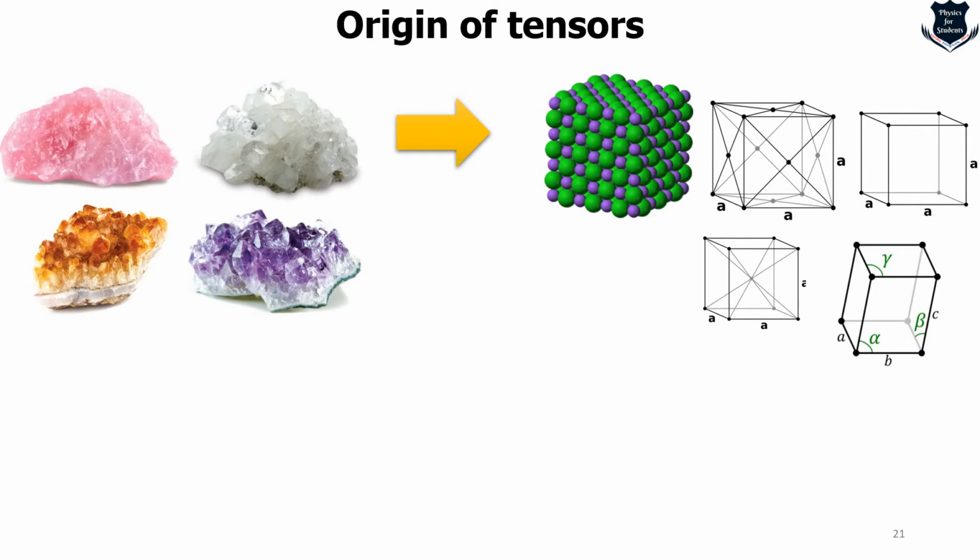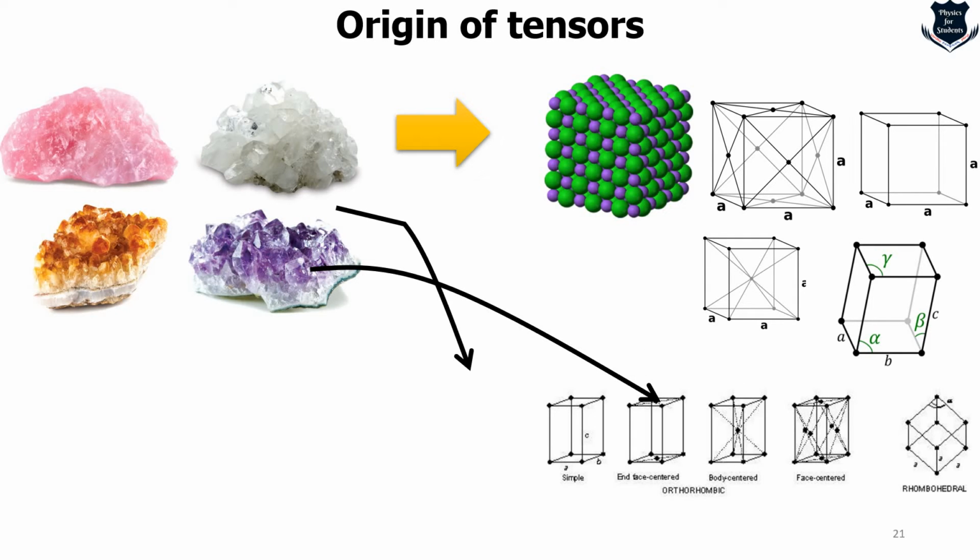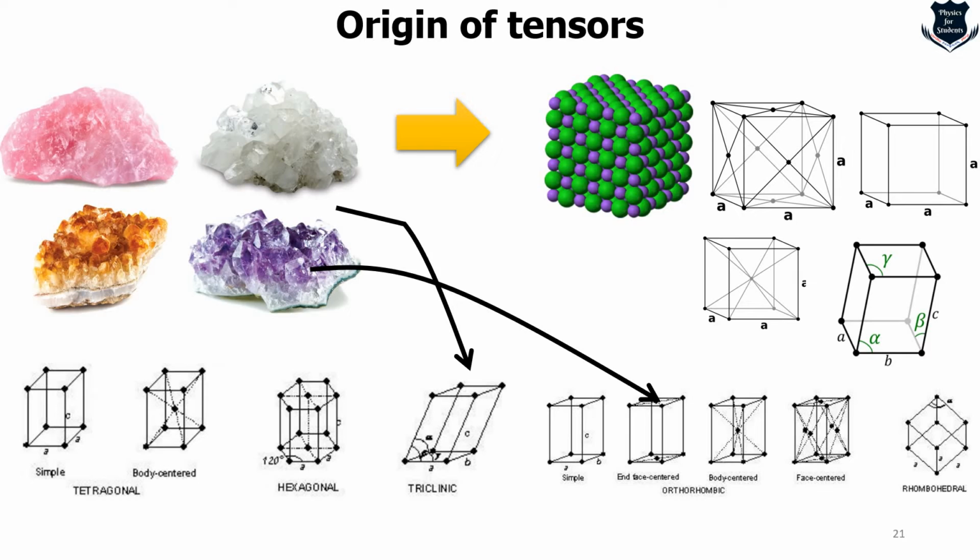So this type of structure takes place, and when we study those crystals, if we extend them further, you see that the hexagonal, the body centered, and the simple, all those face centered, etc., are very complex geometrical shapes. So in order to know those things we need tensors, because we need to know really where the stress and strain is happening. So the origin actually started from studying the crystals.